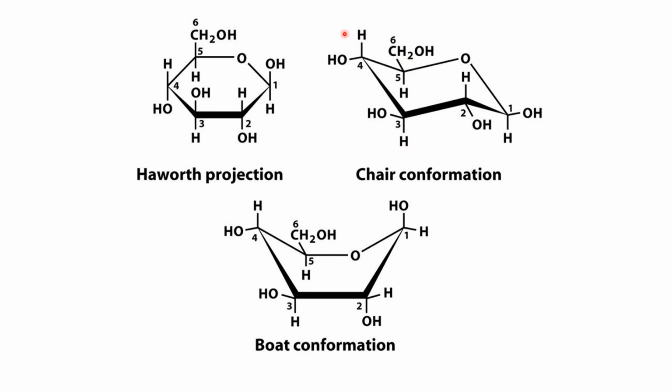But we know chair conformation is more stable than boat conformation. Because here first and fourth carbon atom repulsion is there. Here first and fourth is at maximum distance. So repulsion is minimum. Hence chair conformation is more stable than boat conformation. Okay, take down.